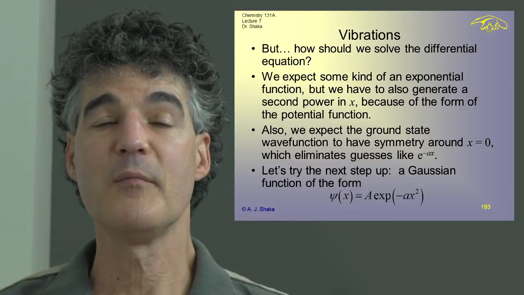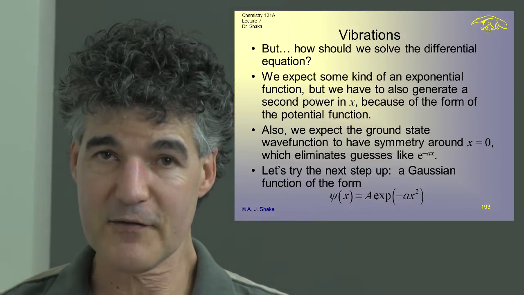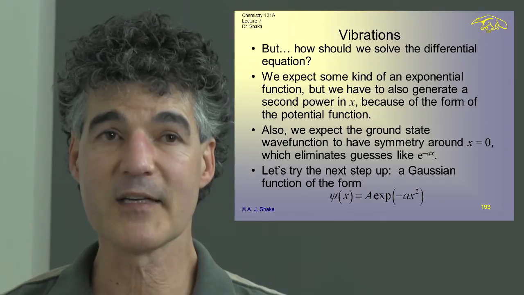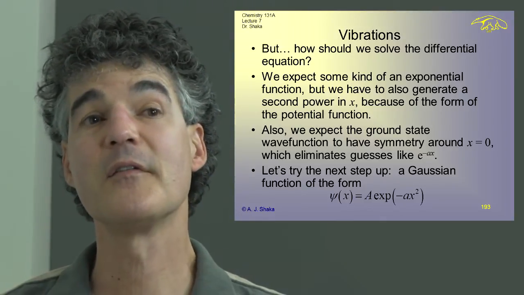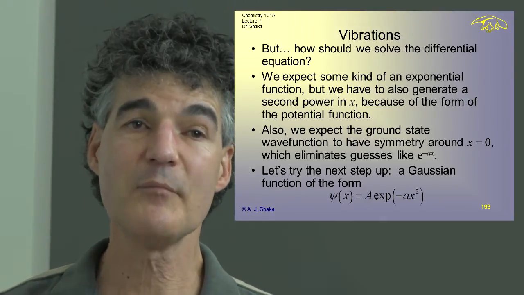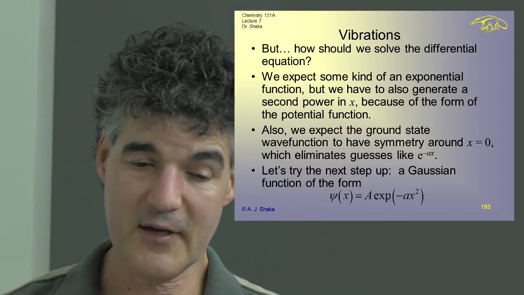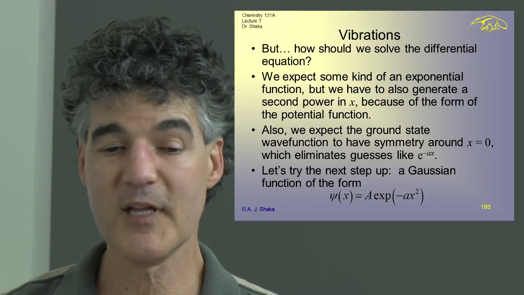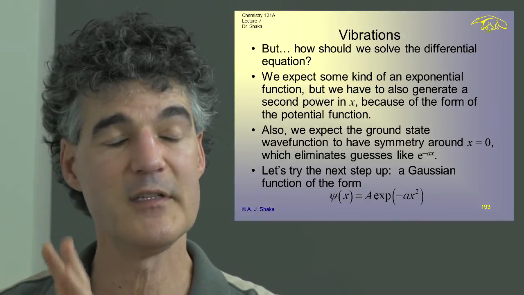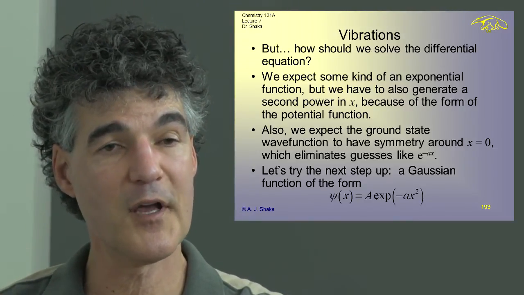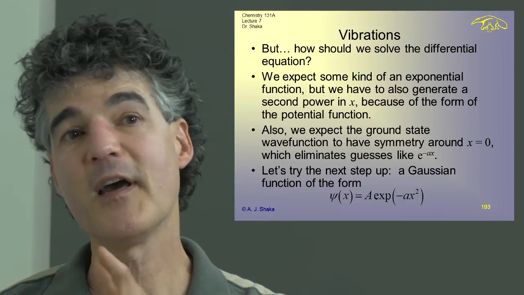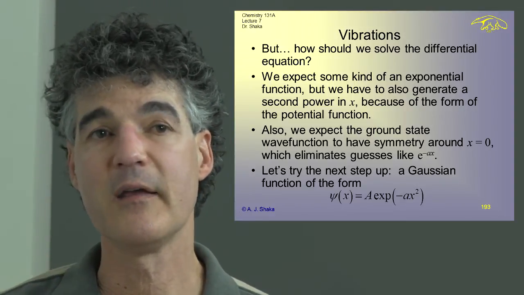Remember, I said the most powerful method to solve differential equations is often guessing, and I'm going to try to guess. I have something times the derivative of the wave function twice plus some other stuff is equal to the wave function times a number. I've got to get the other stuff to go away.